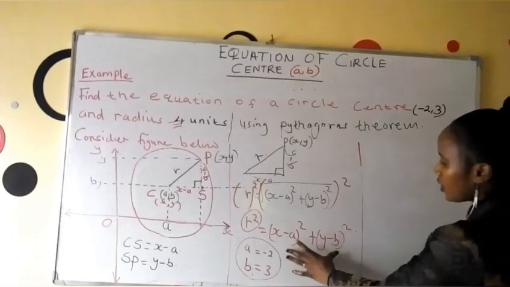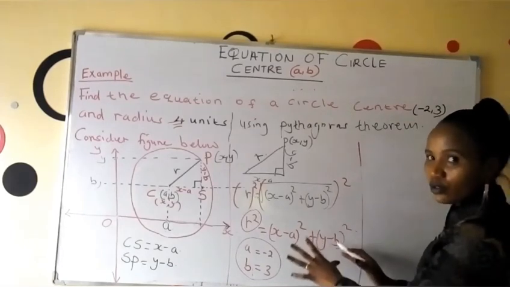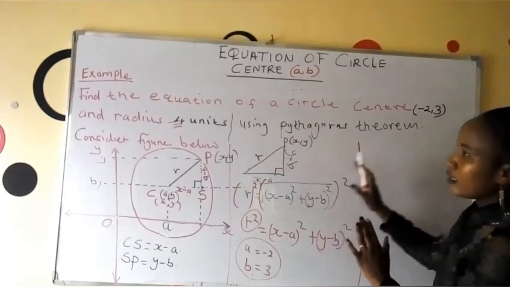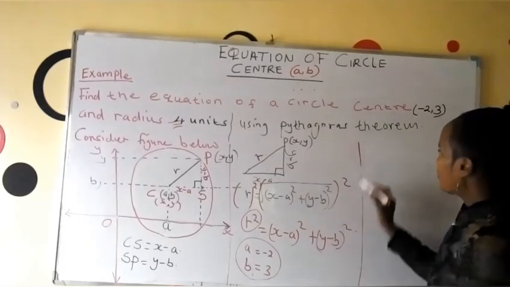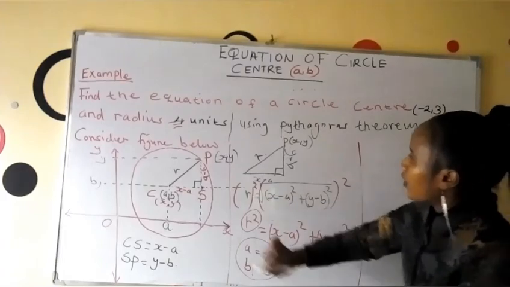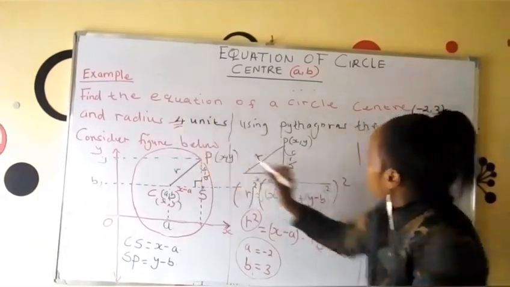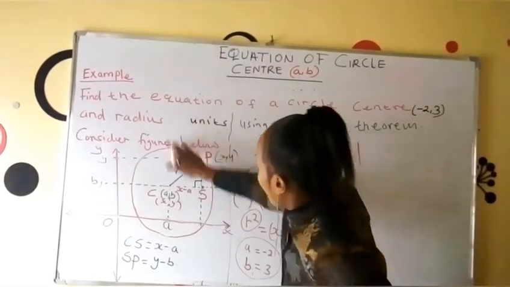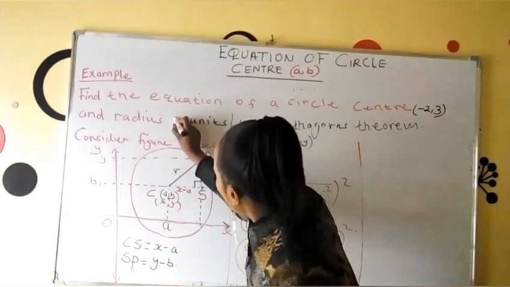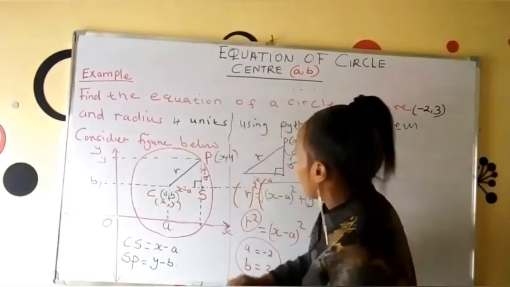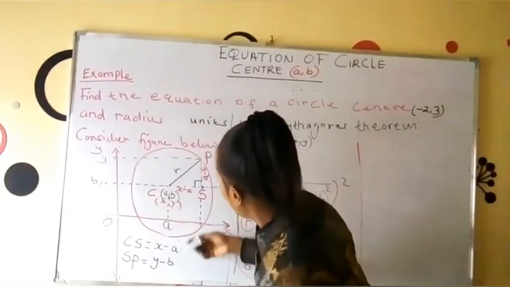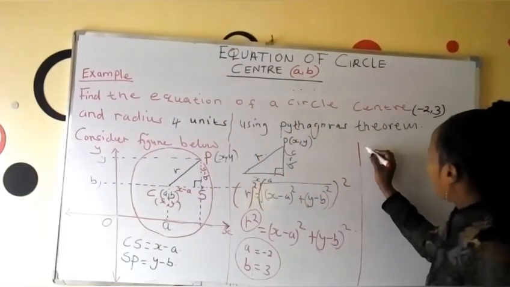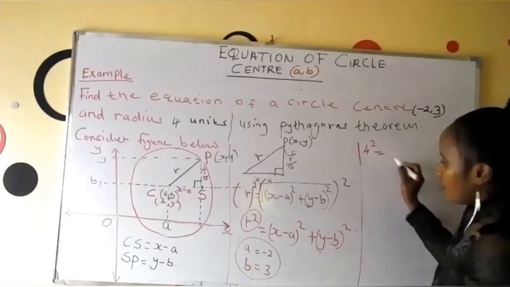So using this general equation of any circle, of any center and any radius, we are going to have r squared is 4 squared, because the radius is 4 units.